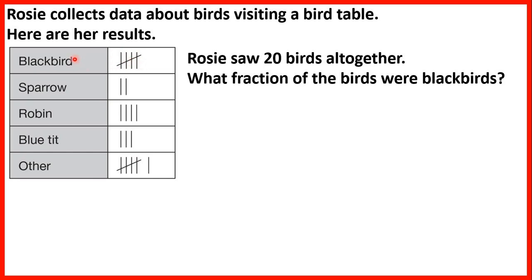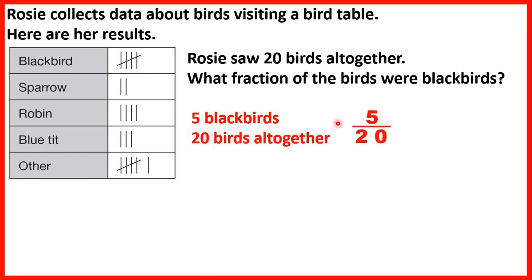So that means she saw 5 blackbirds, and she saw 20 birds altogether. So remember, with fractions, the numerator or top number is how many we have, and the denominator is how many there are altogether. So because 5 of the 20 birds were blackbirds, our fraction can be written 5 over 20.